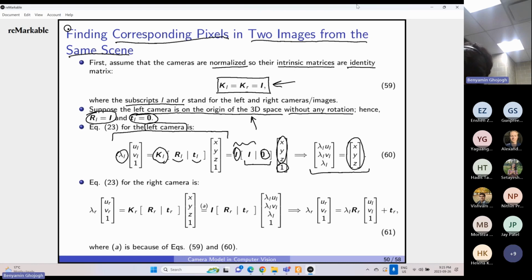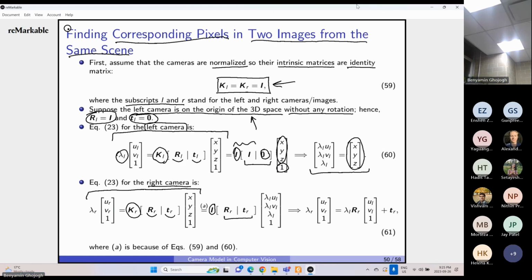Now consider the famous mapping equation for the right camera. According to our assumption in equation 59, its intrinsic matrix is identity. However, its rotation matrix and translation vector, we don't know yet. So we put RR and TR, right?